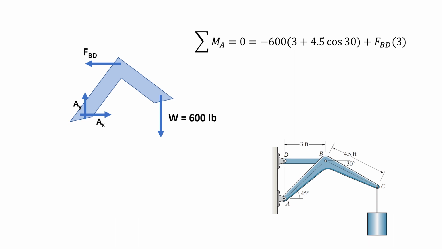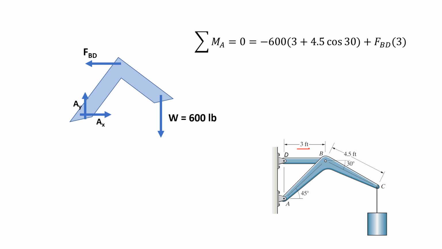So, summation of moment at A. The 600-pound force is downwards, hence it would have a clockwise moment about A. And the horizontal distance of point C from A is 3 feet plus 4.5 times cosine of 30.